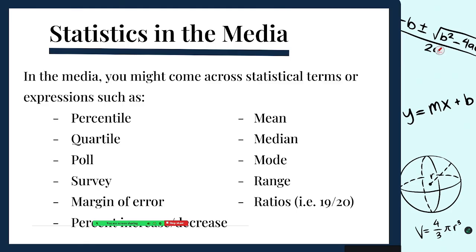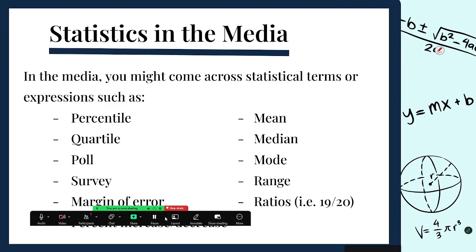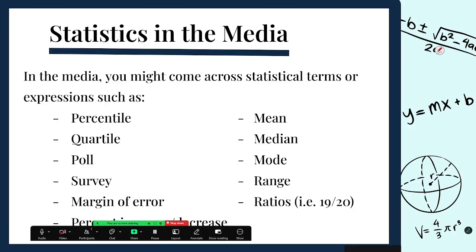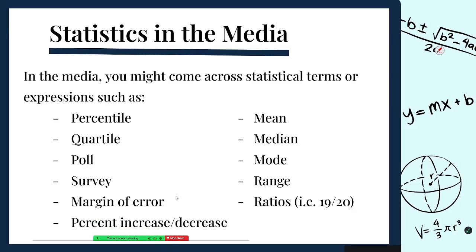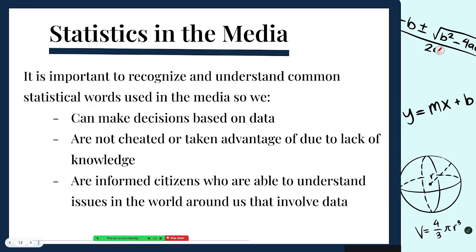In the media, you might come across statistical terms or expressions such as percentile, quartile, poll, survey, margin of error, mean, median, mode, range, ratios, percent increase or decrease. All of these are common words that you might come across when dealing with statistics in the media.